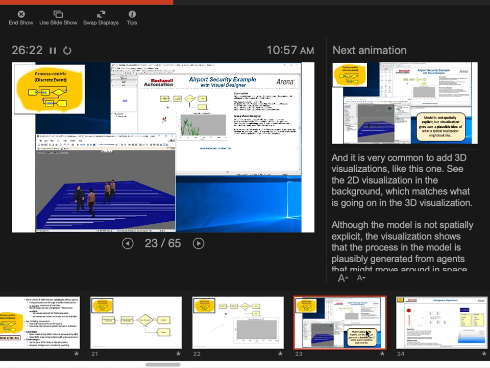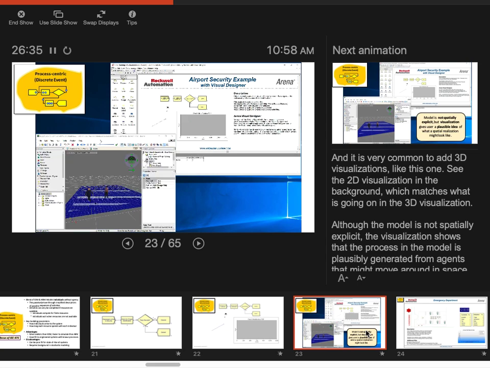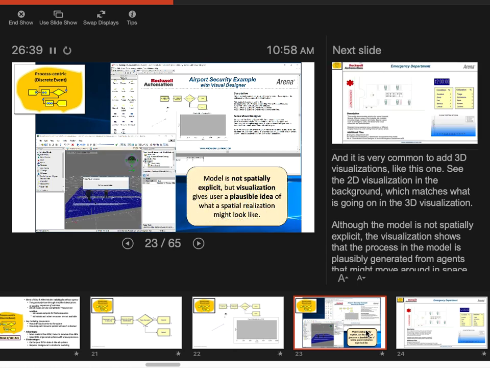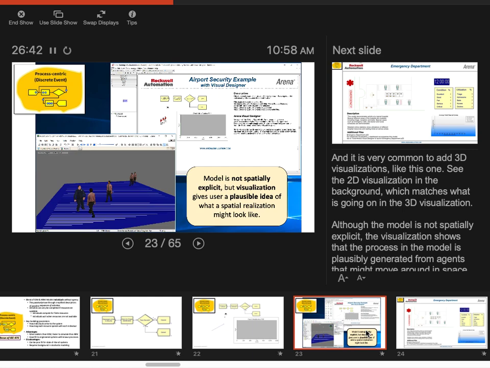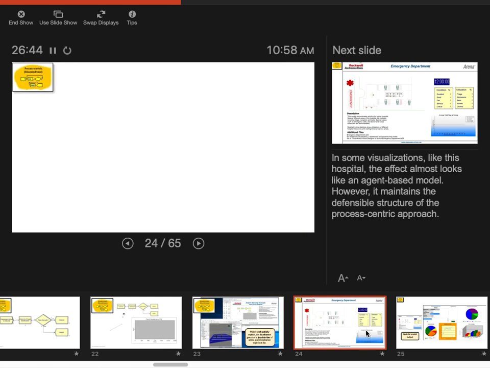But we can now show how they might interact in space and how that would properly be captured by our model. And so that adds a bit of argumentative strength to using these models when you can show people these visualizations. So yes, they're not spatially explicit, but the visualization makes them look plausible.